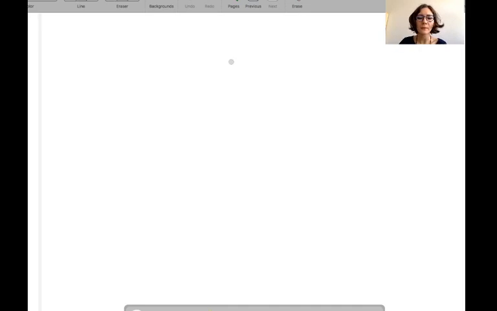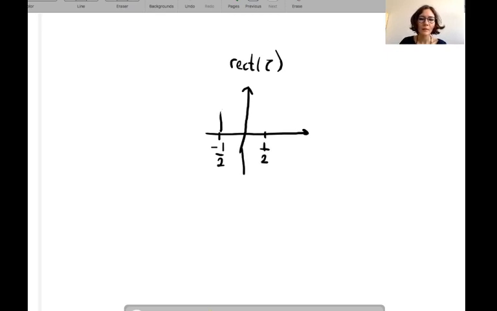So if I take a standard rect of tau, what was it again? If you don't have any scaling here, the scaling is 1. It means that the width of your rectangle should be 1, always centered at 0 with our notation. So you simply have this box function from tau equals minus 1 over 2 to 1 over 2, and no amplitude here, so it's 1.